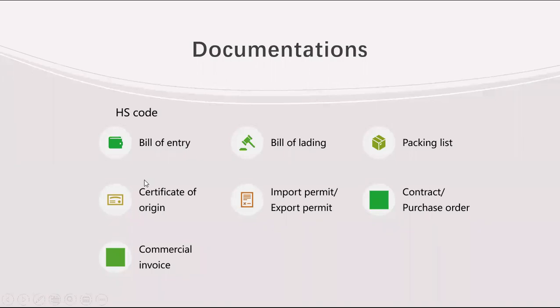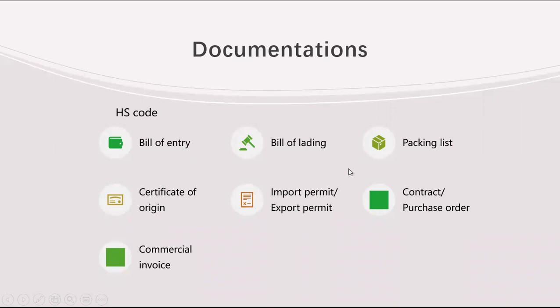Certificate of origin is the document that proves that these goods are coming from a country, and they may have some kind of tax exemption because the two countries have some kind of free trade agreement, and they say that if the goods come from one of the countries, they will be entitled to tax exemption. So the certificate of origin is important when we have the tax advantage here.